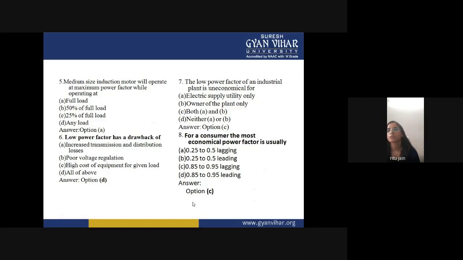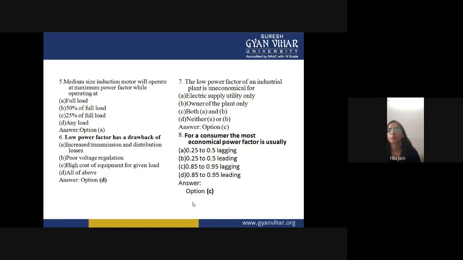Next question: the low power factor of an industrial plant is uneconomical for the electric supply utility only, or the owner of the plant only. Actually, it is uneconomical for both the electrical supply utility and the owner. So C is the right answer.